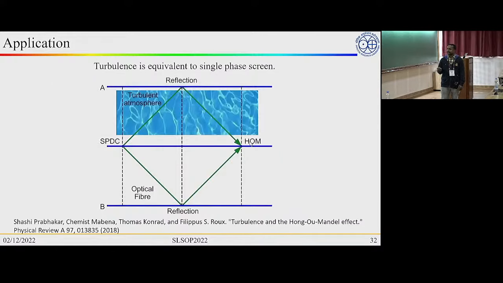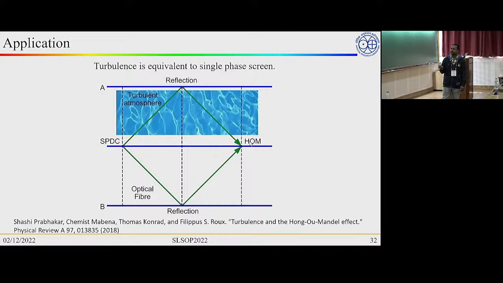What we found is that if you give turbulence to only one side, to one of the photons of the Hong-Ou-Mandel pair, your Hong-Ou-Mandel visibility does not change much, experimentally.